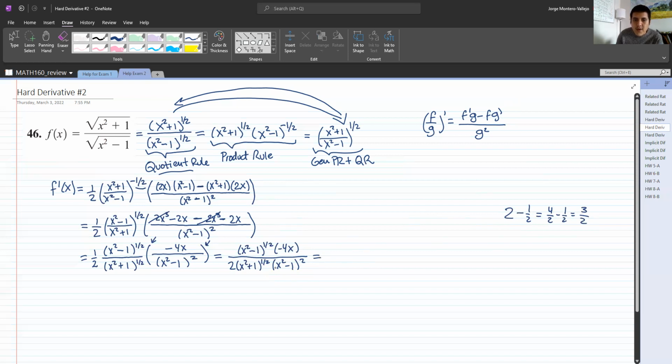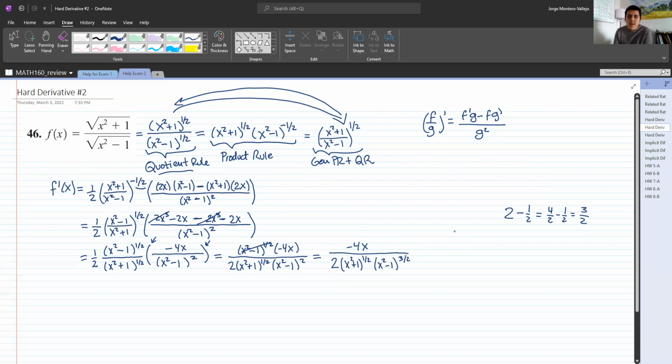And that 3/2 will be the power of x squared minus 1 in the denominator. Okay, so I've got rid of this. So I now have minus 4x divided by 2, and then I have x squared plus 1 raised to 1/2, and I have x squared minus 1 raised to 3/2.